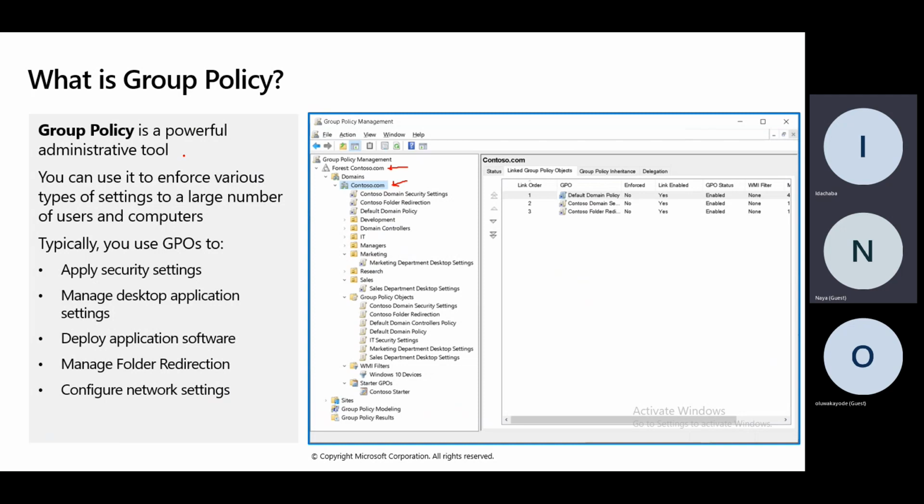Remember your administrative tools. Can you tell me two of your administrative tools? Administrative tools: ADDS management. I remember I taught you.